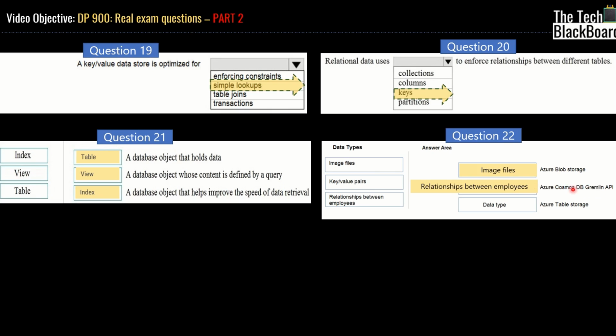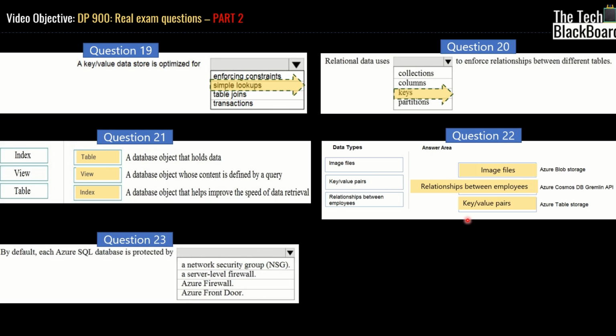So this is our correct answer, graph database which stores relationships between employees. Then the third obvious answer we are left with is key value pairs. We already talked about this in question number 19. Key value pairs are best suited to be stored in Azure Table Storage.